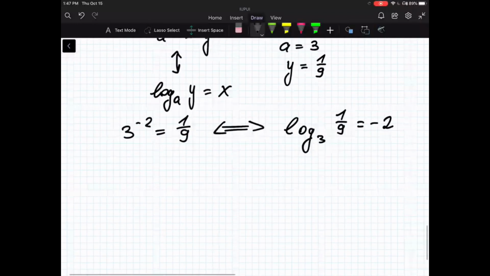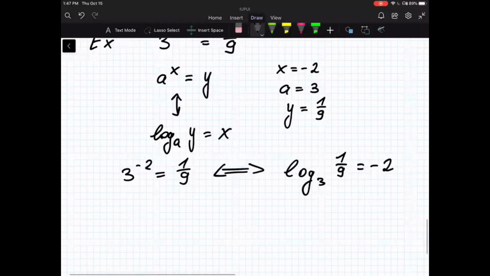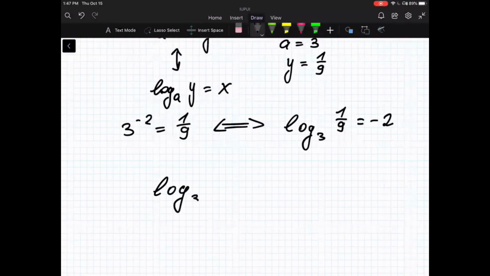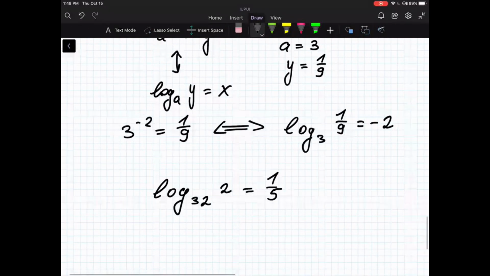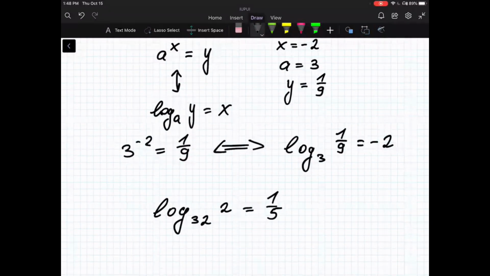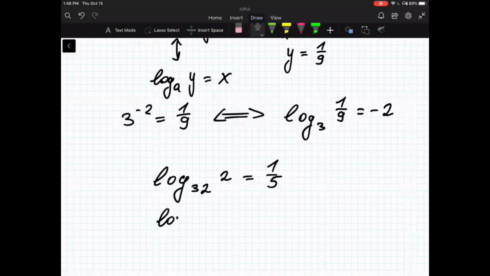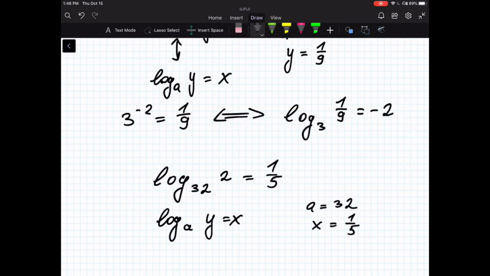Another example, suppose we have logarithm of 2 with base 32 is equal to 1/5. This is given information, and we want to represent this connection in terms of the exponential function. So what do we have? We have logarithm base a of y is equal to x, and we see that a is equal to 32, x is equal to 1/5, and y is equal to 2.